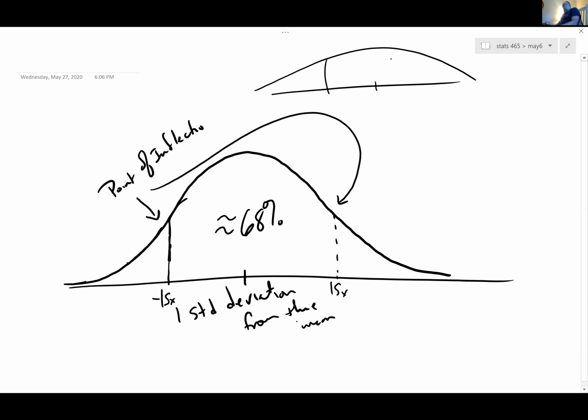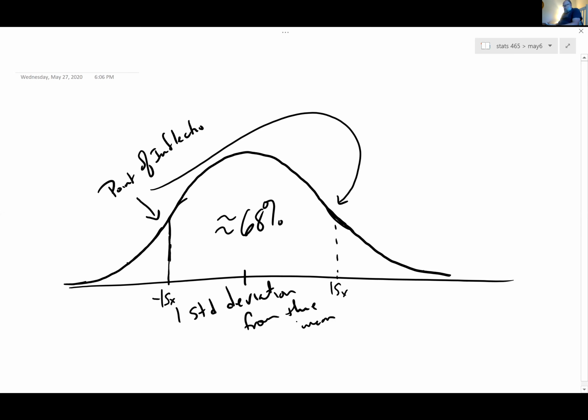It doesn't look like 68%, because if you don't draw it such that the points of inflection occur right in here, where they're supposed to, the visual isn't quite as good. Again, I don't care for just a quick sketch. To me, the quick sketches just help me to visualize what's going on. But that is the real true deal.